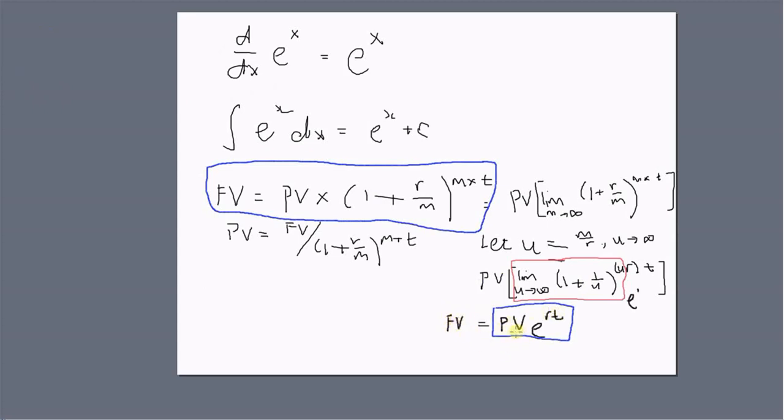You can play around with this formula again by trying to find out what r is. So let me move the variables around. e^(rt) is equal to FV over PV, which implies that rt is equal to the natural logarithm of FV over PV.